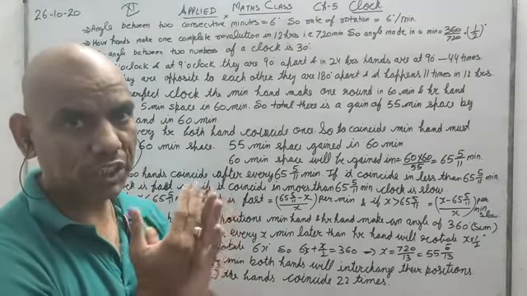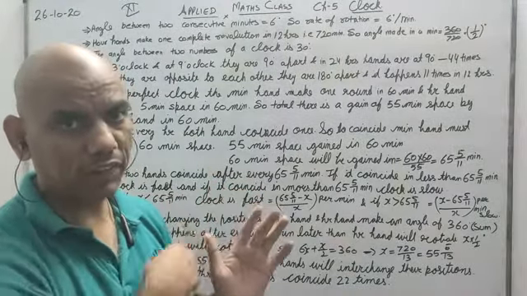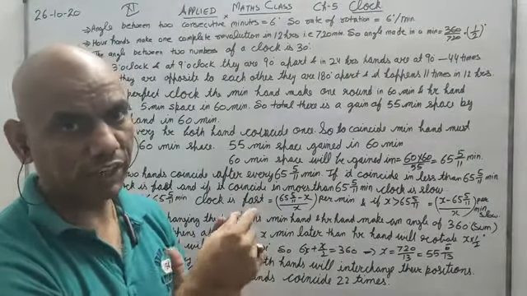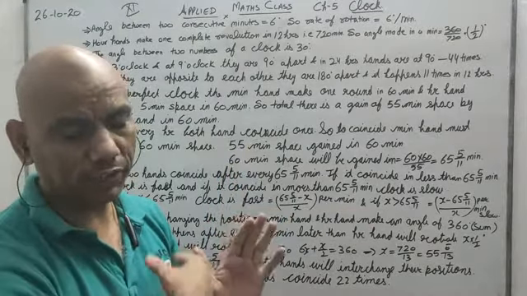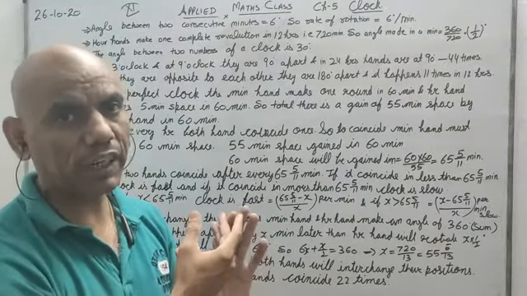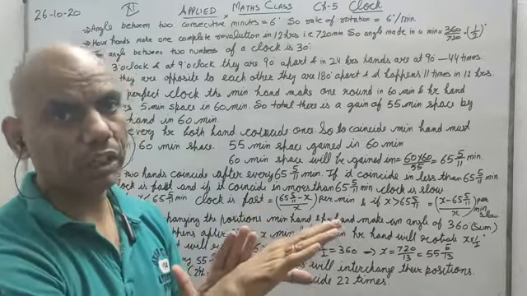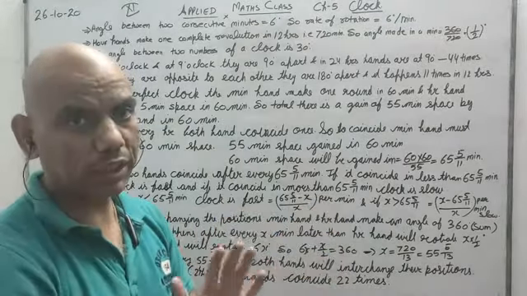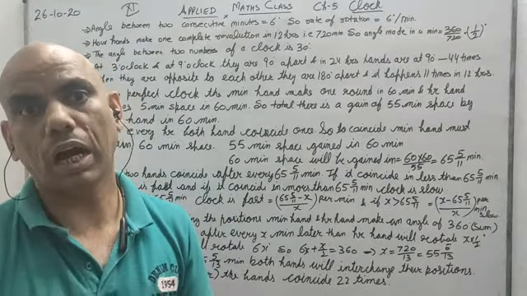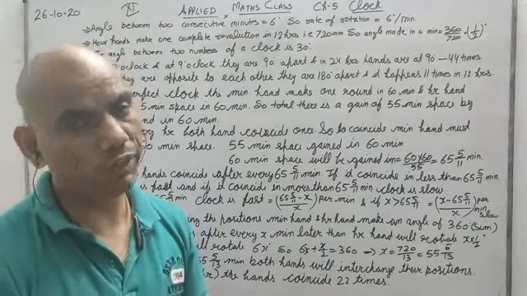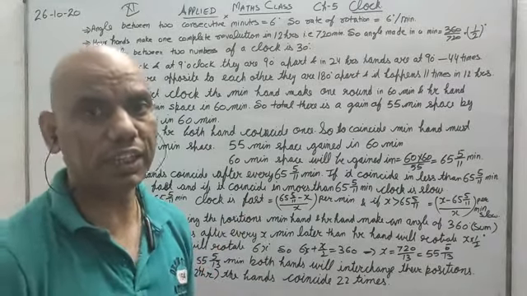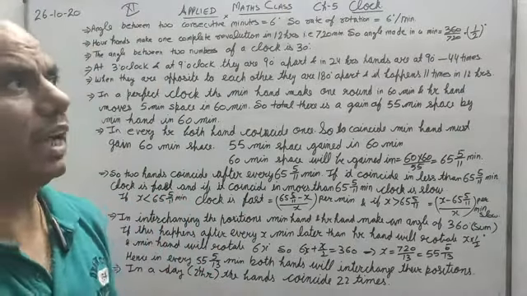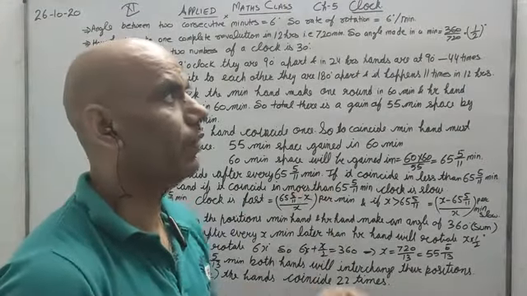So in changing the position, the hour hand will cover an angle of 330 and the minute hand will cover an angle of 30. So the sum of both arms' angles will be 360 degrees when they are interchanging the position.